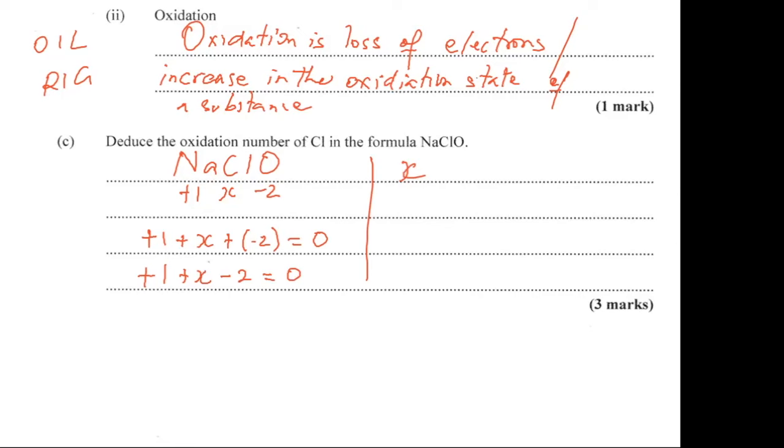So X minus 1 is equal to 0, then it means that X is equal to +1. Here we're adding +1 to both sides to make X the subject. So X is equal to +1. And we got a whopping 3 marks for that. So do not take your rules for assigning oxidation number lightly. All right, so 3 more marks to our tally.